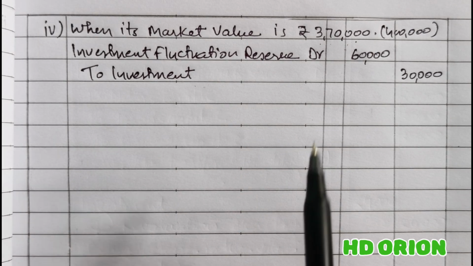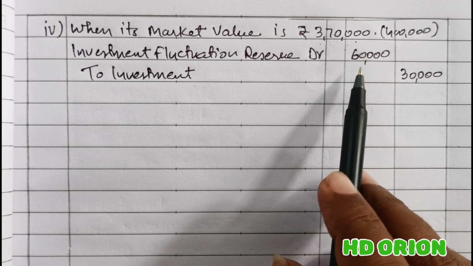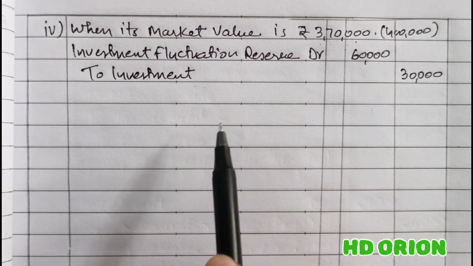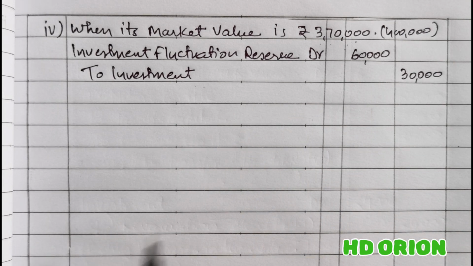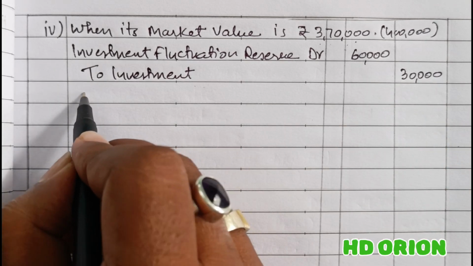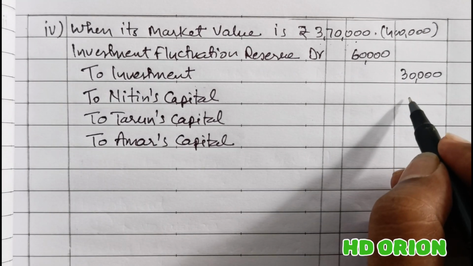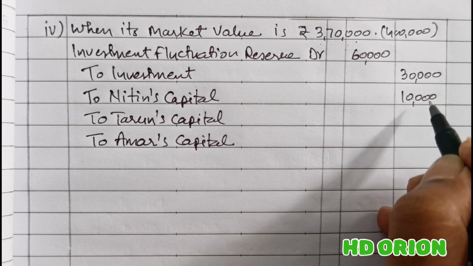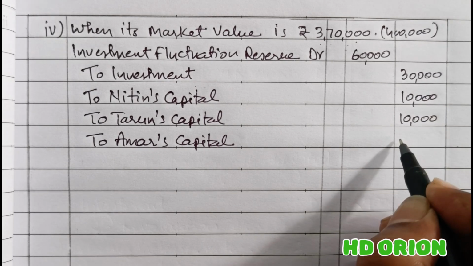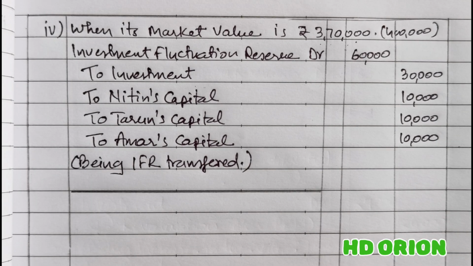If the decrease in the value of investment is more than 60,000, in that case, for that more amount, we will open a revaluation account, not here. And now 30,000 is still there in the reserve, which will be given to the partners in their old profit sharing ratio, which is 1:1:1. So 10,000 rupees each. So this is the journal entry for case 4.